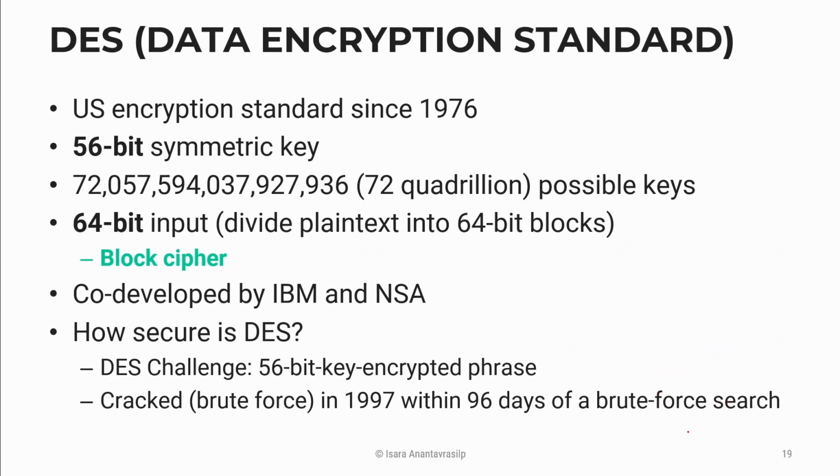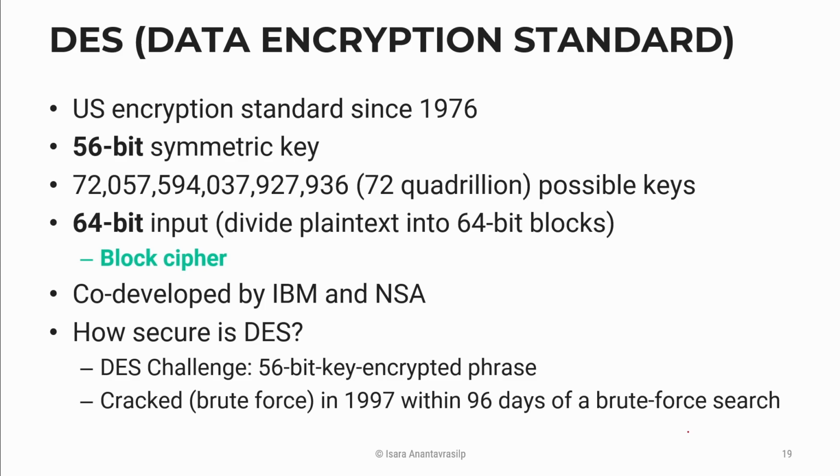The system, DES, was co-developed by IBM and NSA. In 1976, it was quite strong, but it was proven to be weak when you use current machines to guess the key.